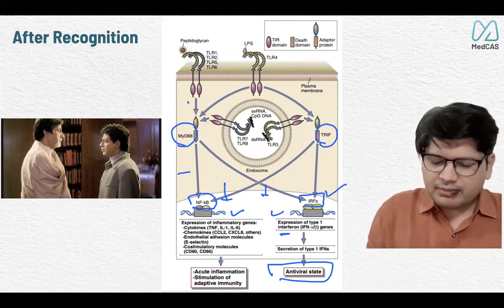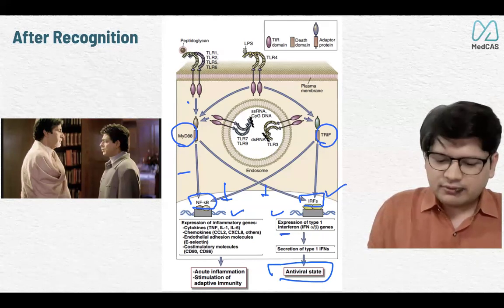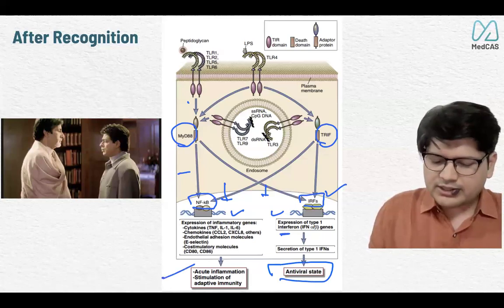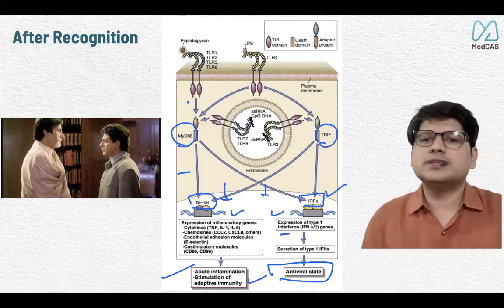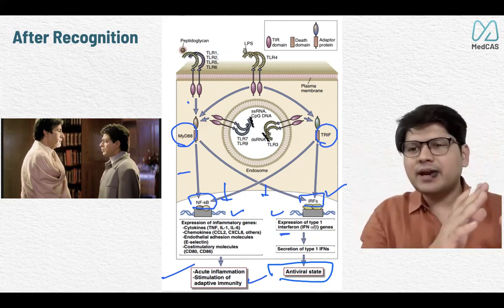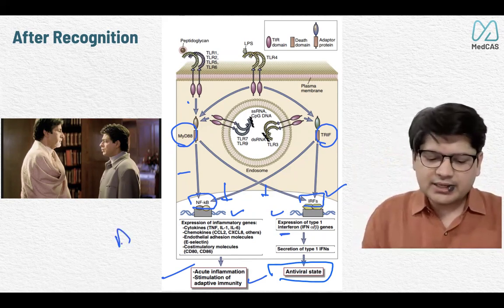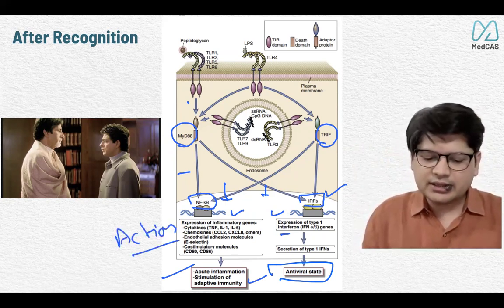NF kappa B is more activated by bacteria, fungus and so on, which leads to acute inflammation, and it also stimulates the adaptive immune system. So now the link starts to form: we identified, we do signaling, and this is the final result or action we get.